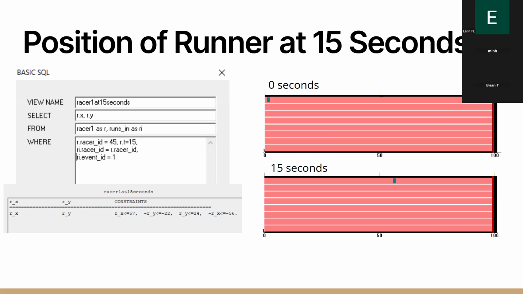And the event we were looking at was also number one, so we used the event ID at number one. And then on the picture on the right, you can see where they are on the race at 15 seconds. The top is where they start, and at the bottom is where they are at 15 seconds. And the bottom left picture is the output that it gave after we ran the query.